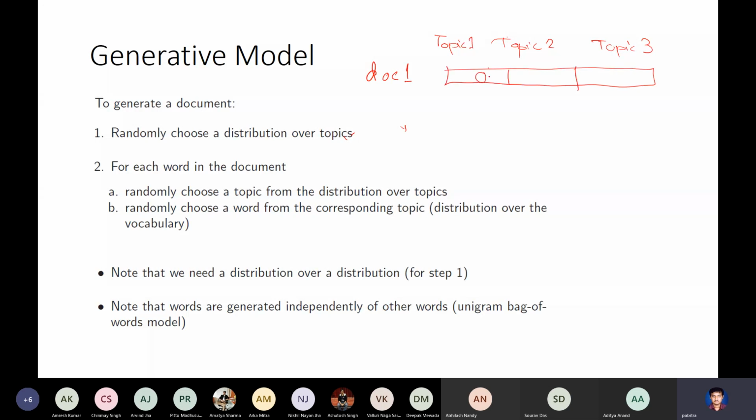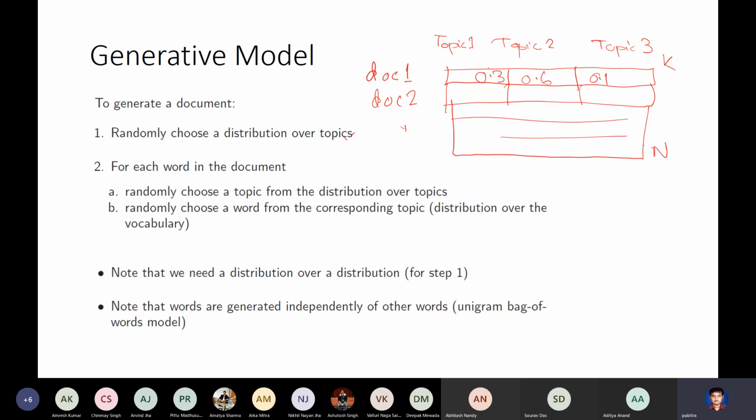Let's say 0.3, 0.6, and 0.1. Similarly, every document in the collection would have one, so you would actually have a matrix which is number of topics k versus number of documents d.